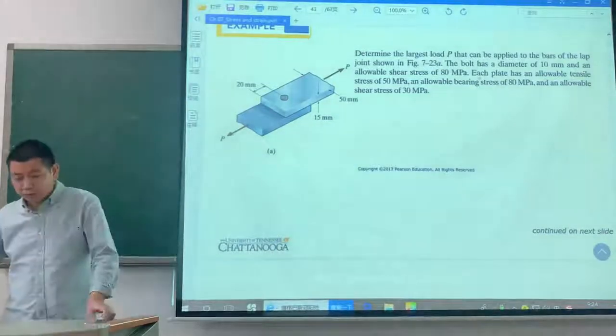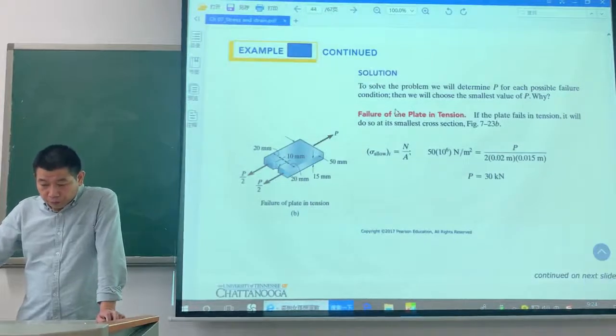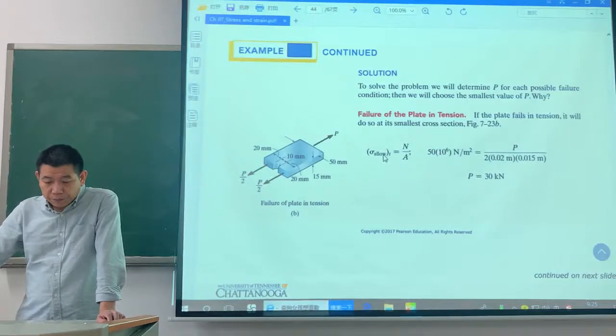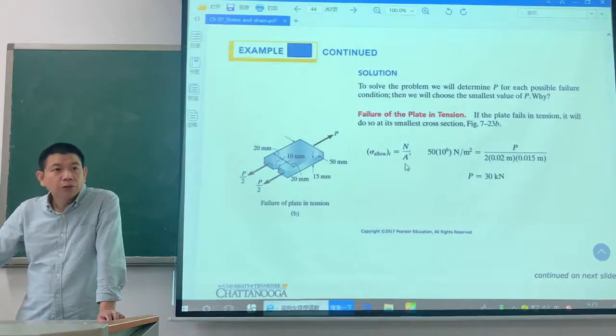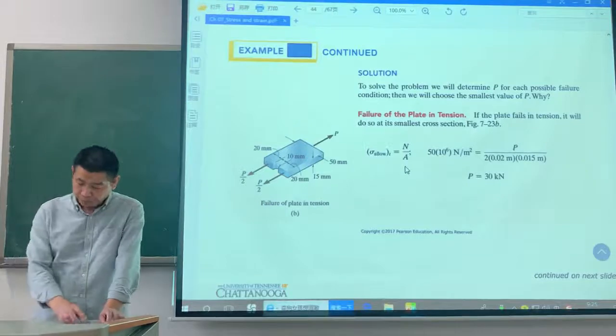How to determine it? The allowable stress when the plate is in tension is N over A. Yes or not?